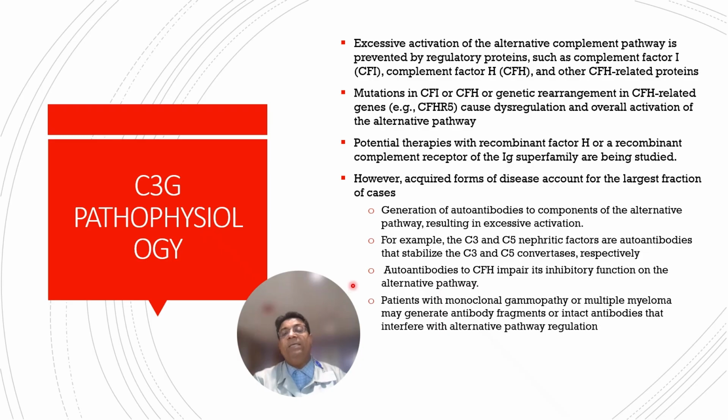Autoantibodies to CFH impair its inhibitory function on the alternative pathway, and patients with monoclonal gammopathy or multiple myeloma may generate antibody fragments or intact antibodies that interfere with alternate pathway regulation.